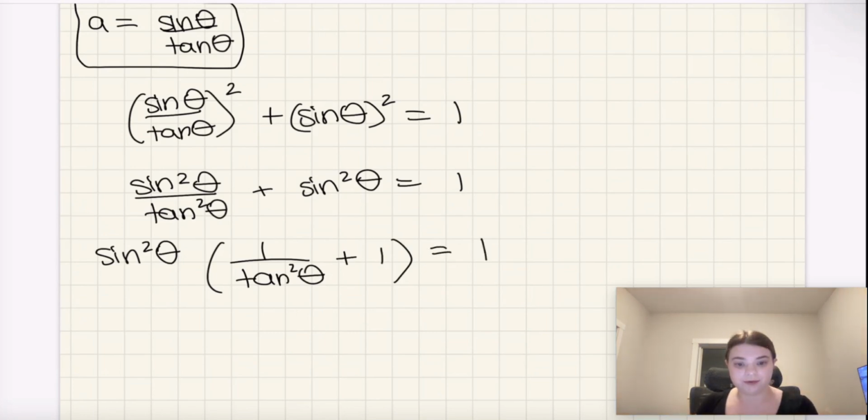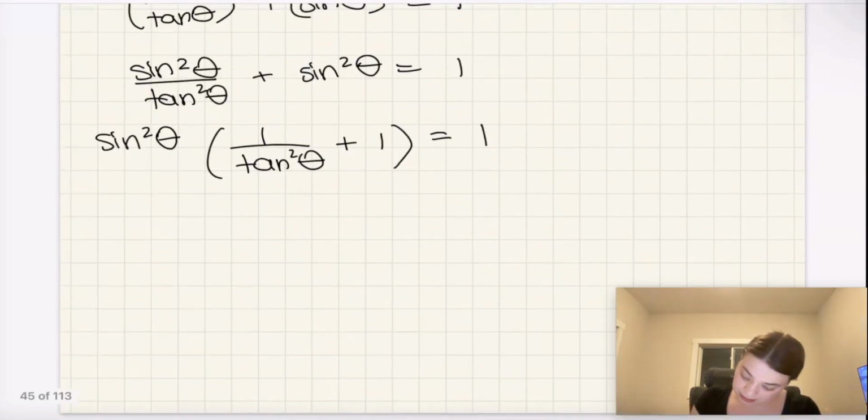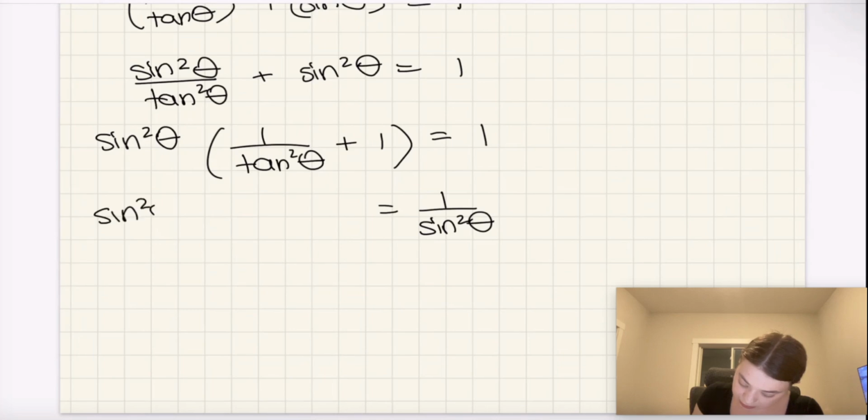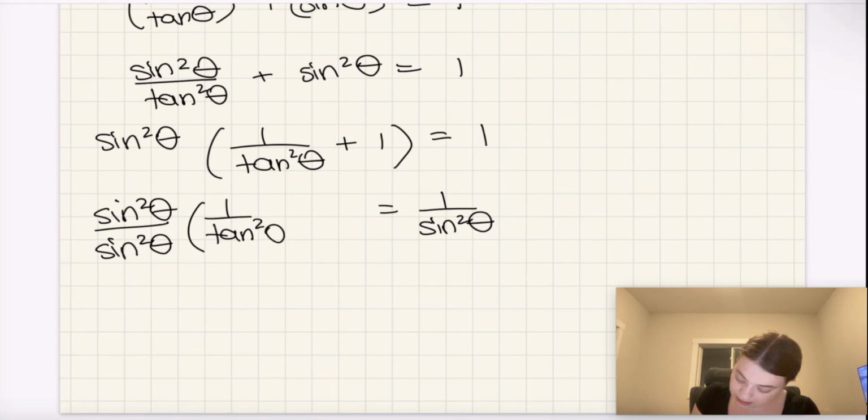Then if I divide both sides by sine squared theta, I will get, on this side, 1 over sine squared theta. And over here, I'm going to get sine squared theta over sine squared theta, since in this step I'm dividing both by sine squared theta, times 1 over tan squared theta plus 1, like that.